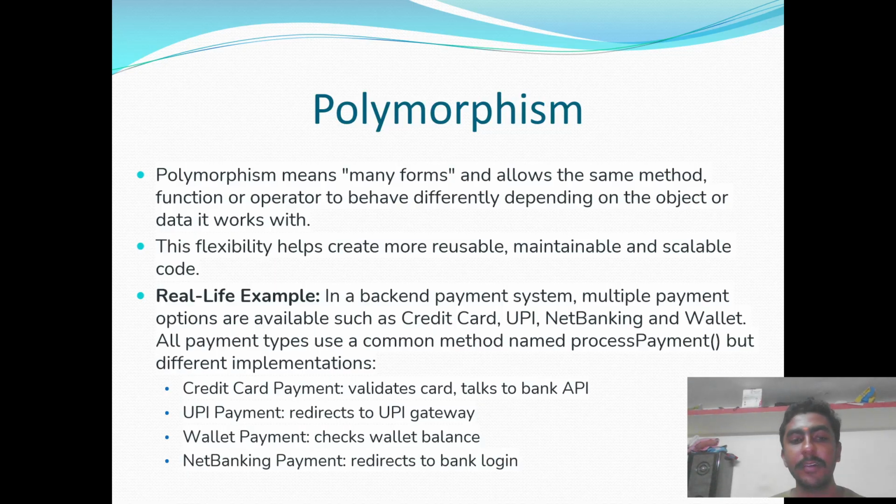If I have a UPI payment, it redirects to the UPI gateway. If I have a wallet payment, it checks the wallet balance. And if I have a net banking payment, it redirects to the bank login. So even though all of them have the same method called process payment, each has its own specialty and separate function.